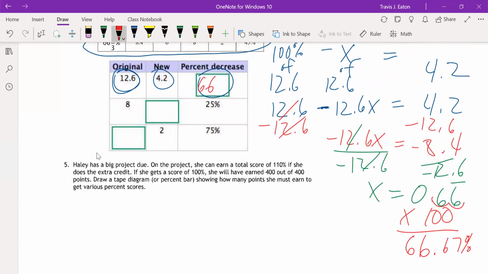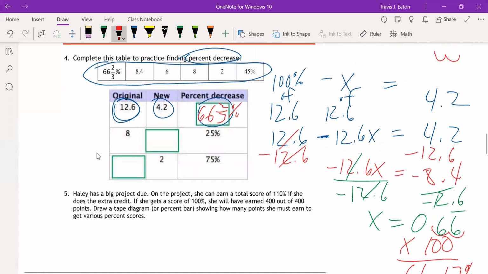Another way to write that would be 66 2/3%.